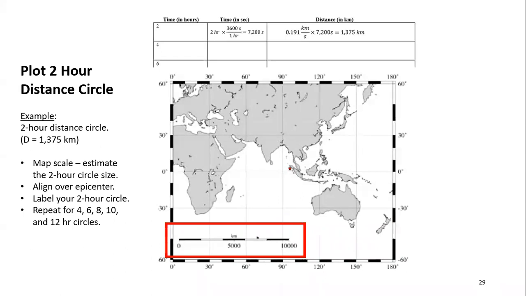The map scale ranges from 0 to 10,000 kilometers and is divided into 2,000 kilometer segments. Then you'll estimate the size of your 2-hour circle. Next, you'll align your 2-hour circle over the epicenter, and finally, you'll label it. You will then repeat this process for creating additional circles for 4, 6, 8, 10, and 12 hours.